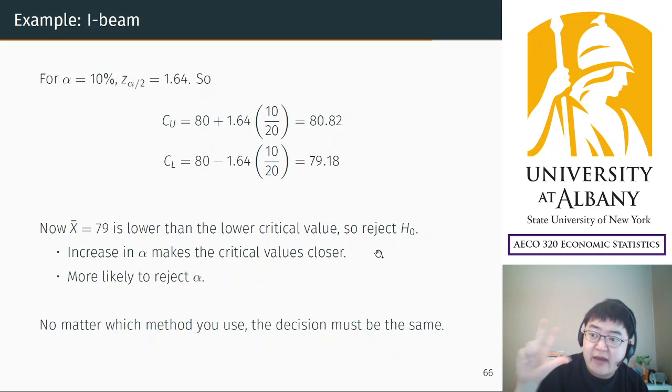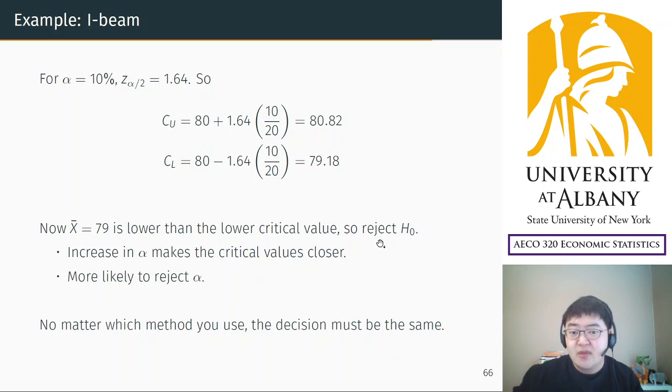They have to have the same results. And if you change to 1%, you don't reject the null hypothesis, but same for all three methods. Otherwise, something is wrong. So you may use different methods as a double check if what you have done was correct or not.